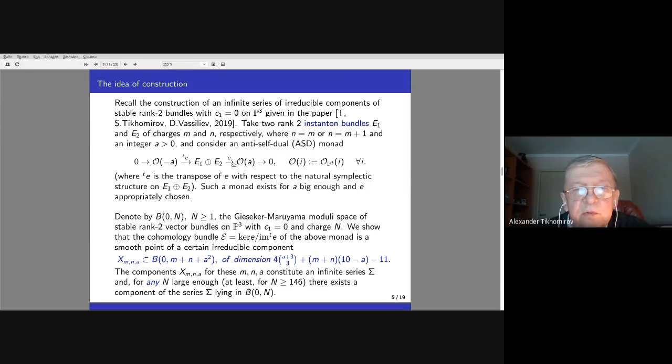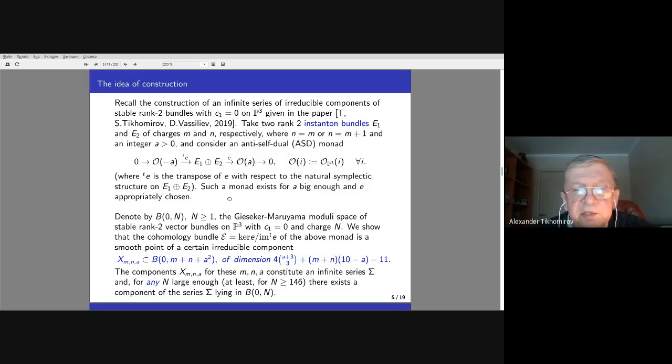The right surjection is E, and the left injection is called the transpose of E. It is just the transpose of E with respect to the natural symplectic structure on E1 plus E2. You know, any rank 2 vector bundle with trivial determinant is symplectic automatically. So we have a symplectic structure on the direct sum of these two instantons.